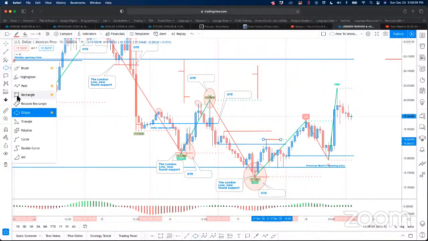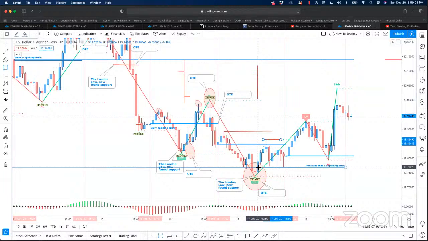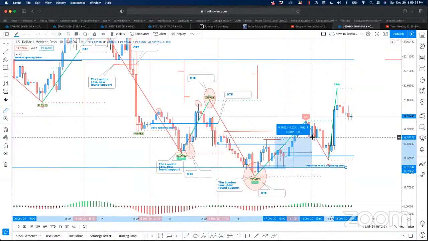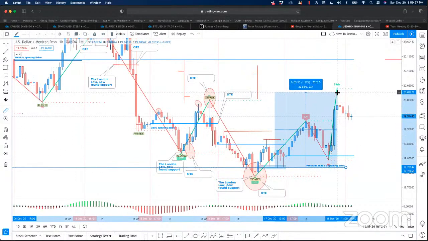All in this area right here, where if we draw this out, those will be our entries. If we don't take it from this low, and taking it from here, you're in the trade for the next day that moves up the market almost 300 pips.